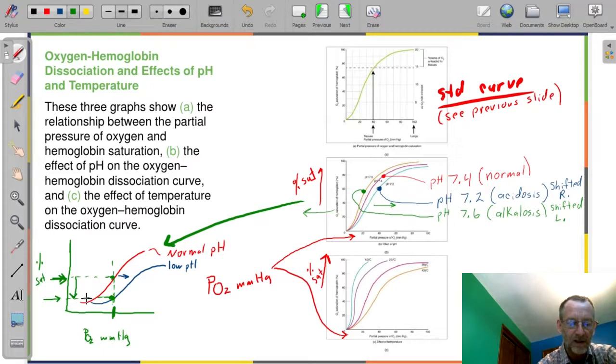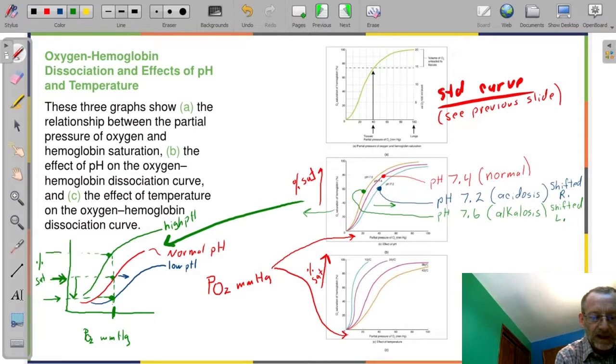So if I can clutter up this drawing a little bit more and put a different curve on and say this is a high pH, you can just kind of get the idea by looking at the intersection on the axis. So even less oxygen comes off of hemoglobin.